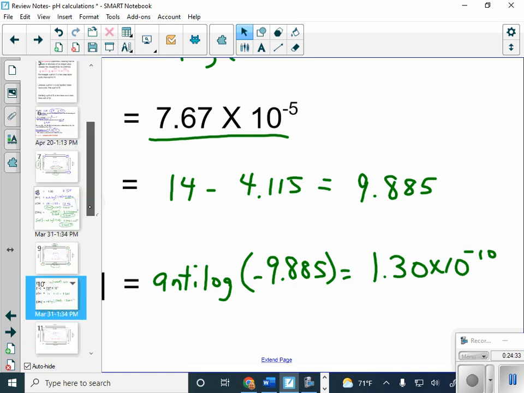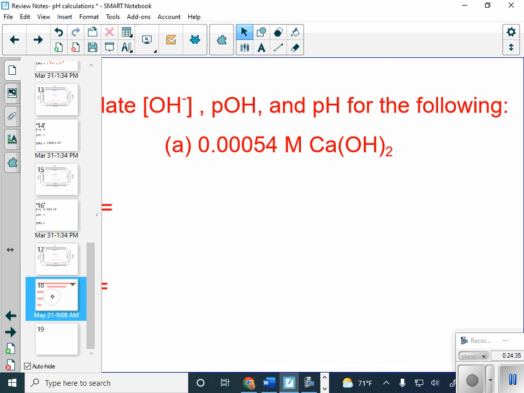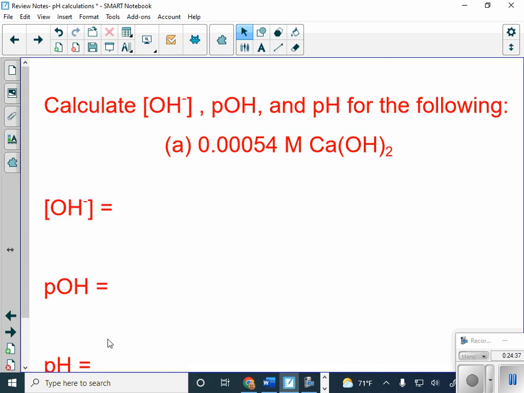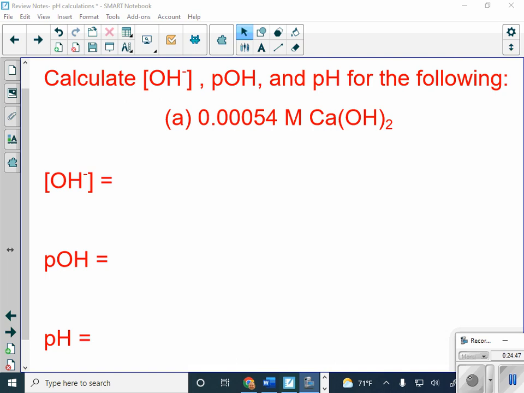Now, here's one that I have to show you. Copy this one down in your notes, then we're going to work this. This is a problem that you will see on your WebAssign. The problem states: calculate the hydroxide ion concentration, the pOH, and the pH for the following.